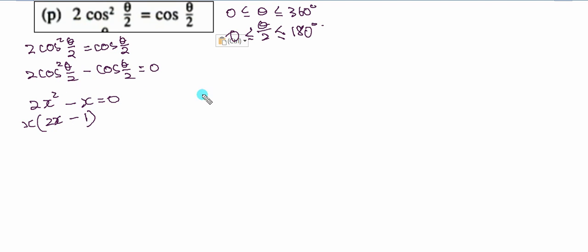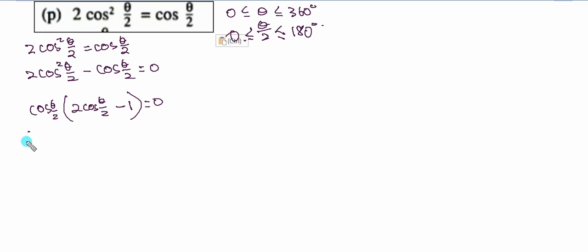Okay, so we're going to use this. So this can be written as cosine theta over 2, the common factor, leave the other cosine theta over 2 inside. This one, if I take out cosine theta over 2, what remains here is 1.